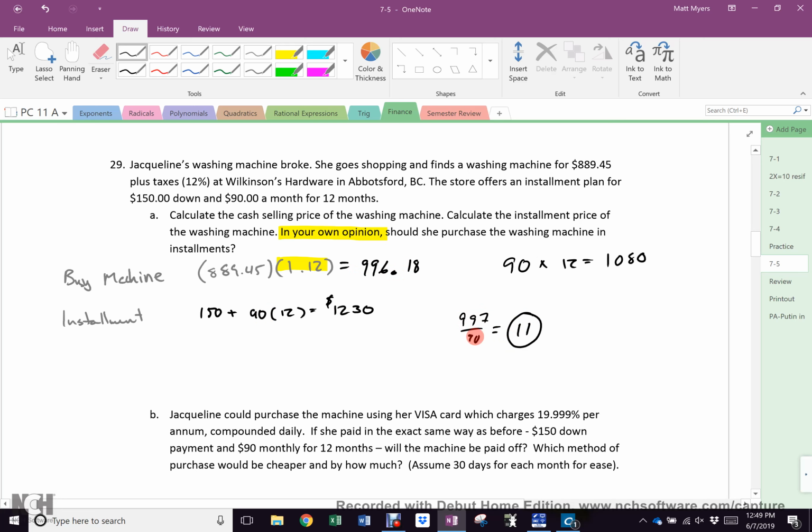Is saving that 90 going to gain you interest? When you save money, do you get interest? So you're going to get it in less than 11 months anyway. So are you willing to make other arrangements for your laundry for 10 months in order to not pay an extra $250?